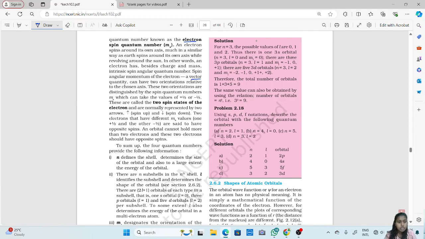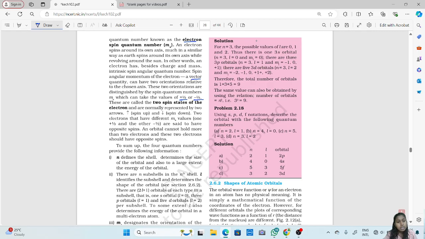These two orientations are distinguished by the spin quantum number. They can rotate in a clockwise or an anti-clockwise manner. These are distinguished by the spin quantum number, and the values given are plus half and minus half, depending on the orientation of spin.